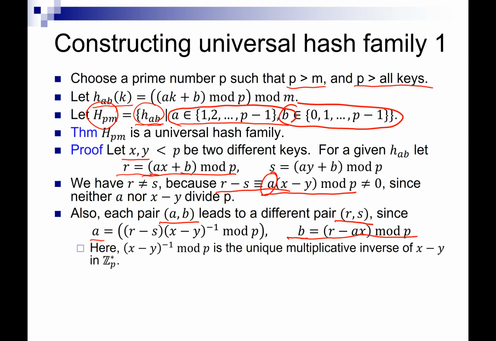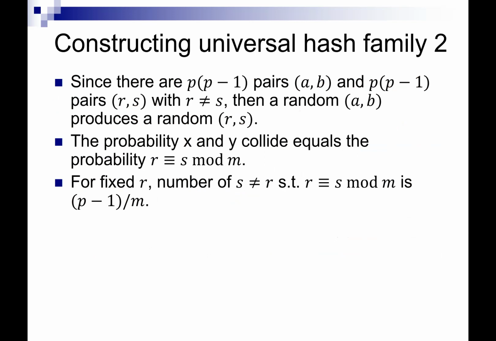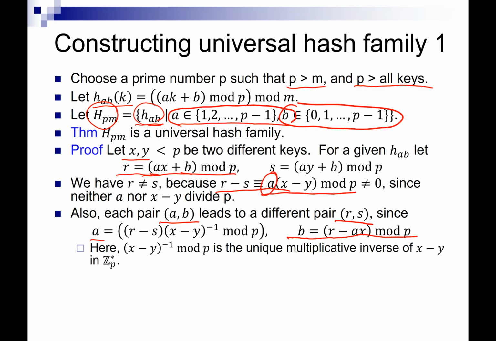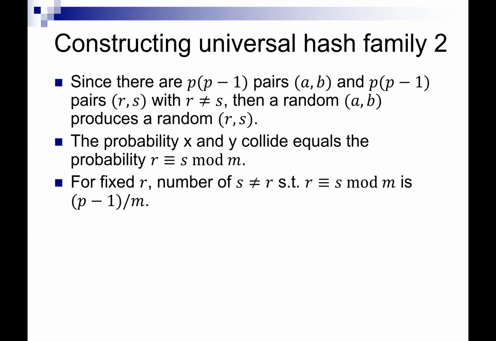So in total, we have P times P minus 1 different values for A and B, and also for R and S. Each one of these leads to a different RS, and R cannot equal S. So this is going to lead to P times P minus 1 different pairs of RS.